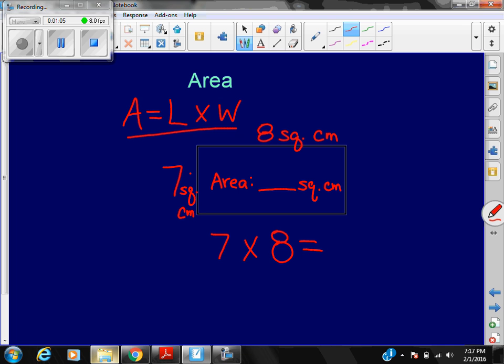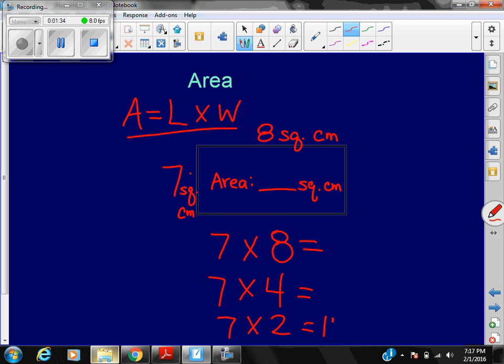Now, I've taught you many strategies to figure out multiplication problems, but one of probably the most helpful is when you don't know a bigger number, break it in half and use what you know about doubles. If you can figure out what 7 times 4 is, or even if you didn't know, if you can figure out what 7 times 2 is, you just double 7 and that gets you 14.